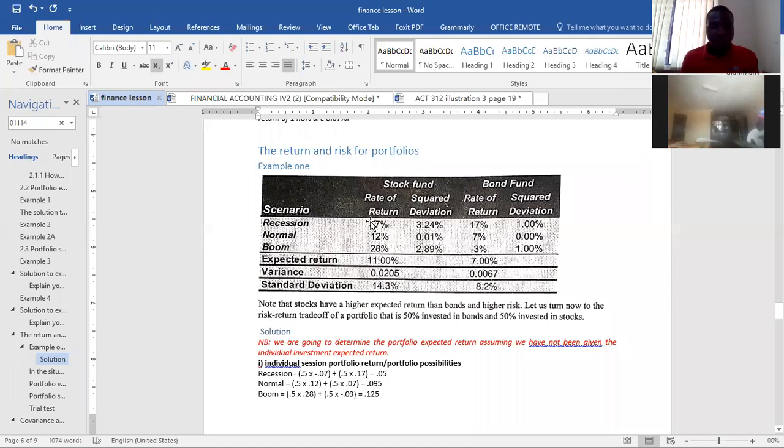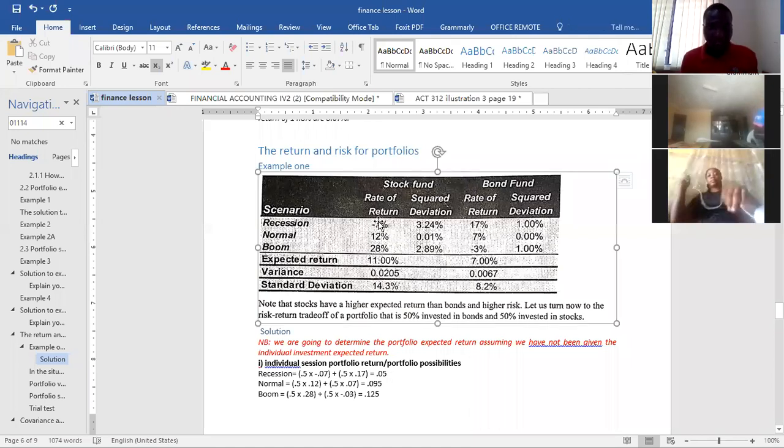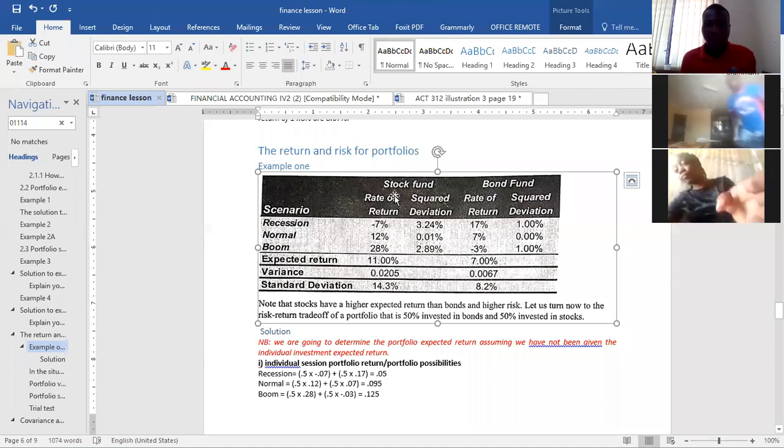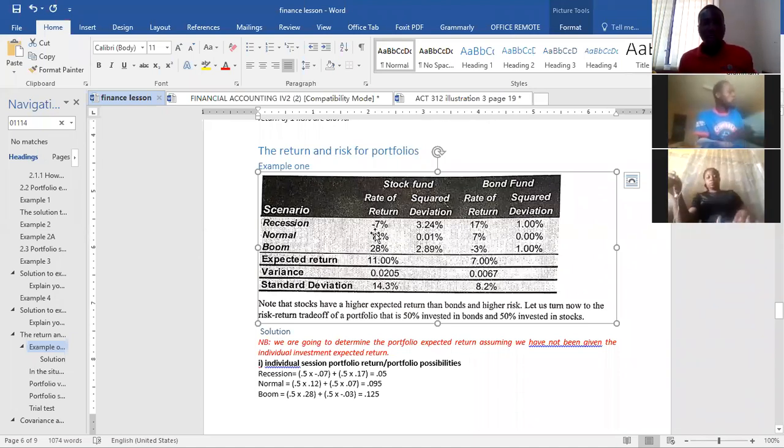So with this particular illustration that you are seeing over here, we have two investments, the stock fund and the bond fund. You have the various economic sections of these investments: recession, normal, and then booming.